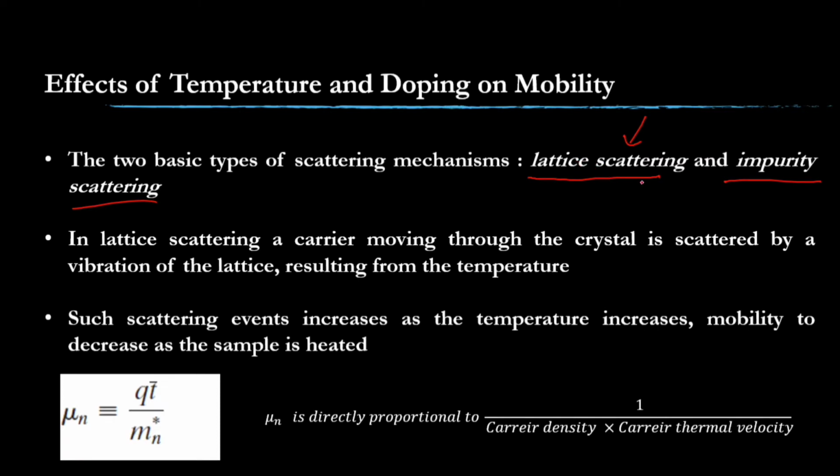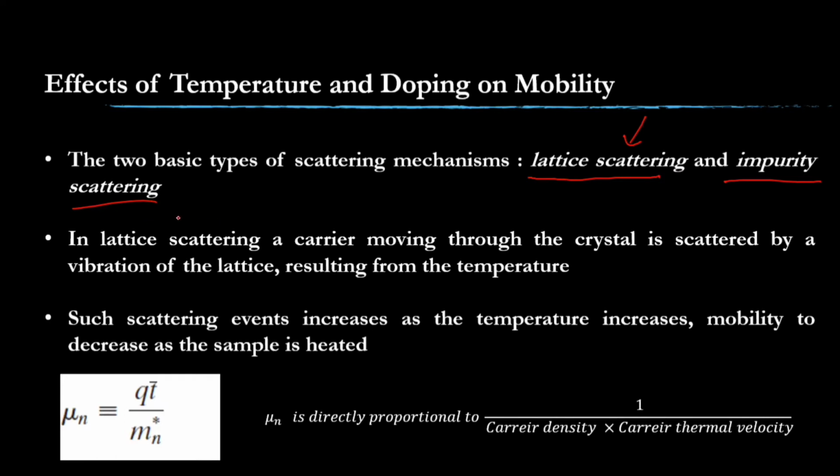And impurity scattering is because of external impurities. Sometimes third column or fifth column elements of the periodic table act as an impurity inside the semiconductor. So the electron may collide with the impurity as well. So, two types of scattering. Let us first consider lattice scattering.